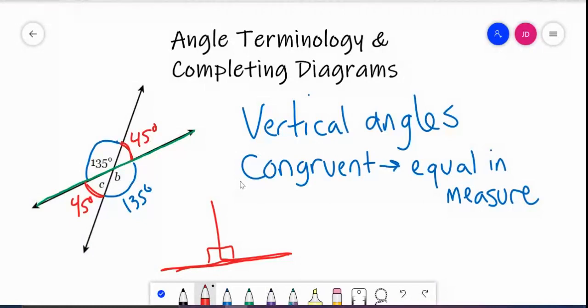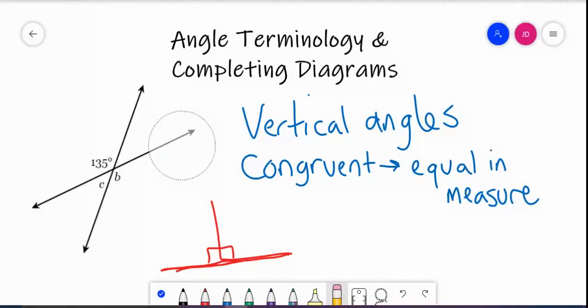Now, another term we want to talk about is adjacent angles. Adjacent angles are the angles formed that share a common ray. So actually B and C are adjacent. B is this one right here.